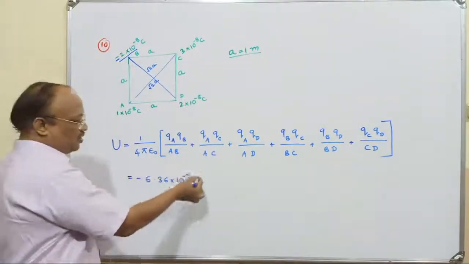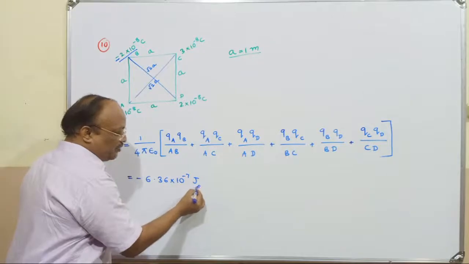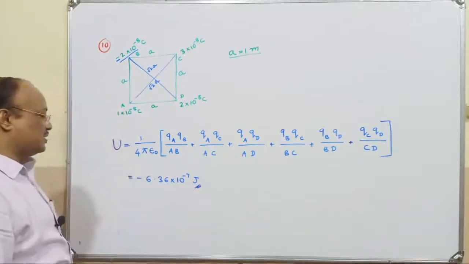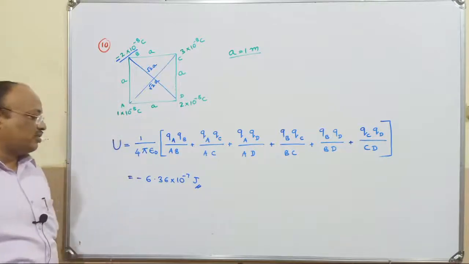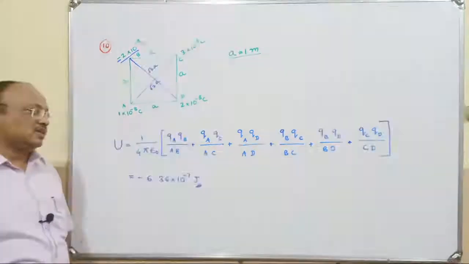Substitute all this and find out the expression. You will get the answer as minus 6.36 into 10 to the power of minus 7.